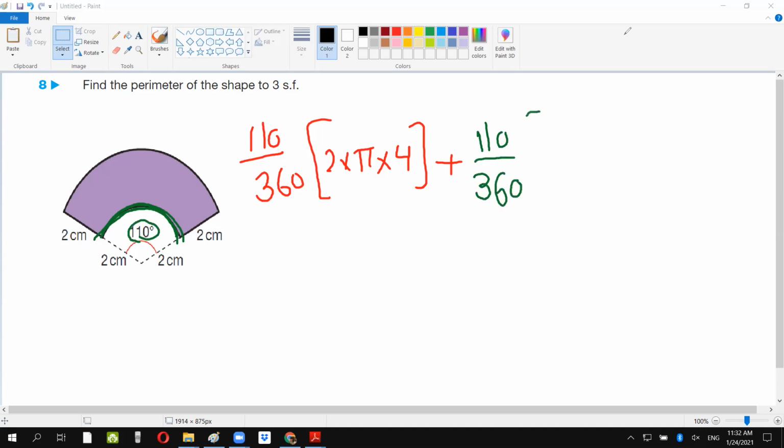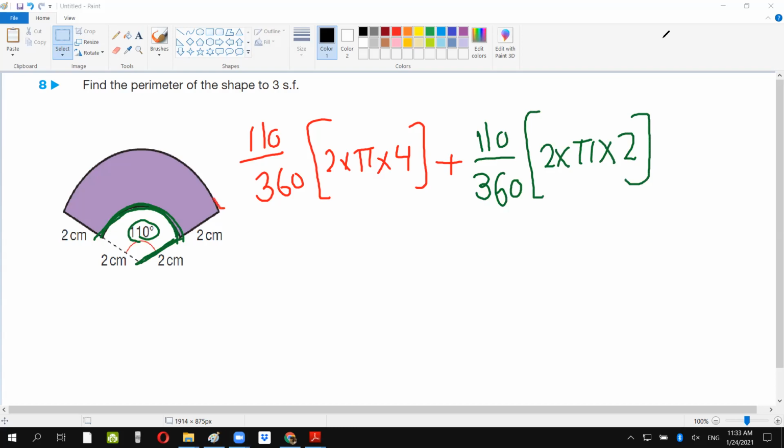Because I asked you about length, 2 times pi times r. What is r here for the small curve? 2, the radius. Understand it, or not? I'll repeat it again.